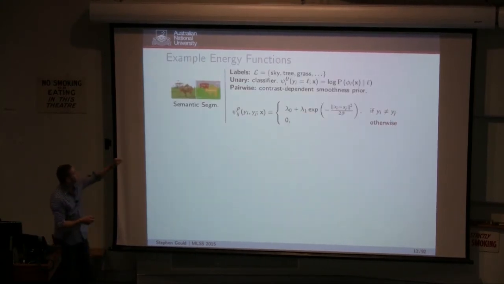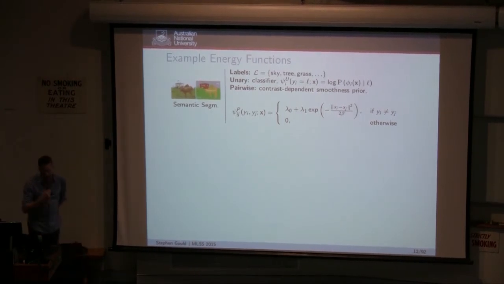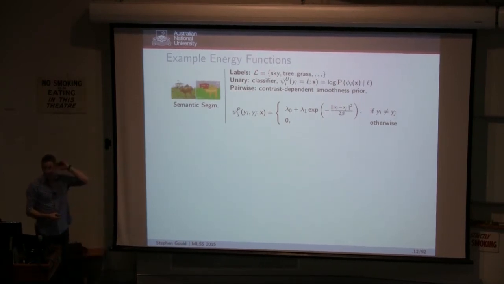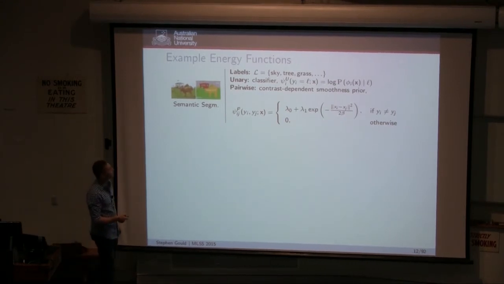All right, so let's talk a little bit about where these potential functions come from and a little bit more about the types of models in computer vision. So for the semantic segmentation problem, I said what we wanted to do is label every pixel in the image with a semantic class label. So the label space for every pixel is going to be this set of possible labels that we know about, so sky, tree, grass, foreground object, and so on.